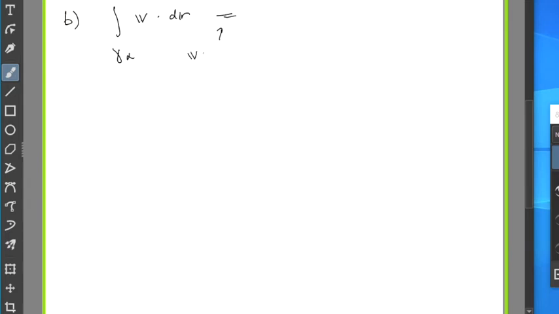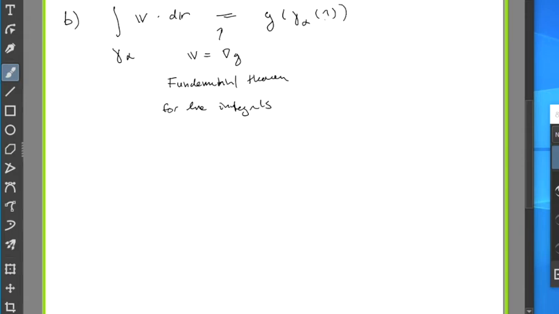So V is nabla G, so we can apply the fundamental theorem for line integrals, which says that the value of the line integral is given by the difference in potential value between the start point and the end point of the curves.